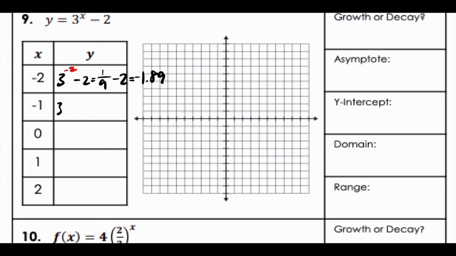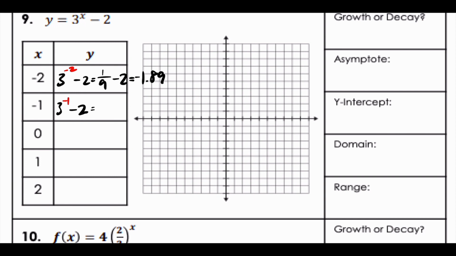Okay, the next one, -1 power. 3 to the -1 power means move 3 to the bottom.